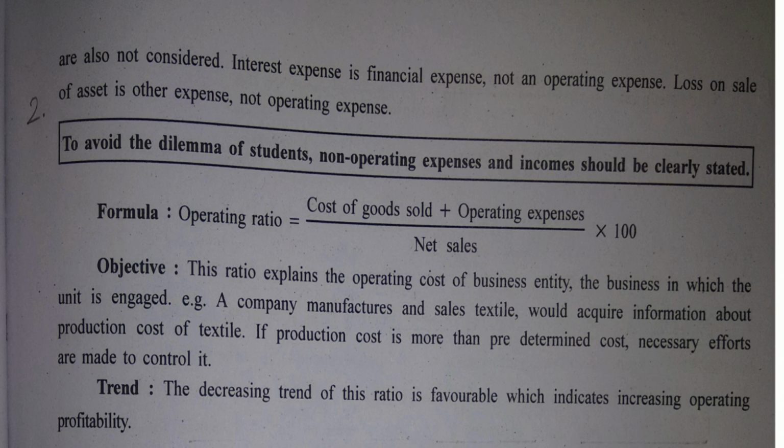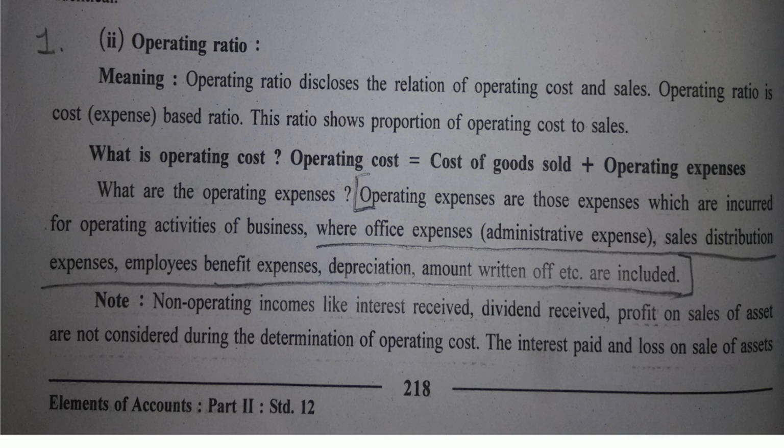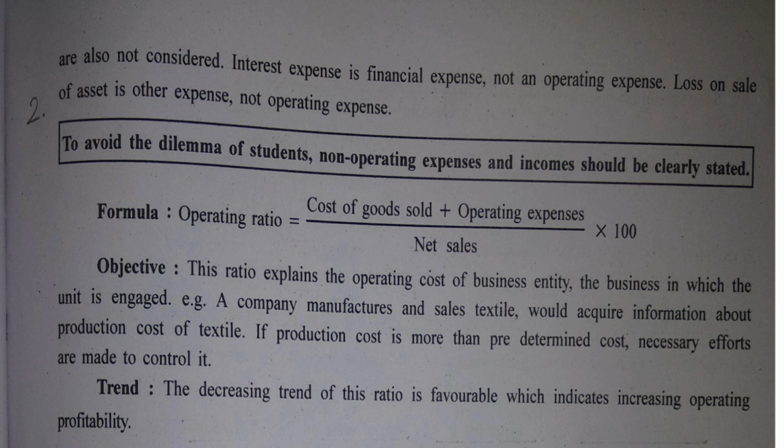The formula for operating ratio is COGS, and obviously you know how to find out COGS; we understood this at the time of gross profit ratio. Plus operating expenses, that we have understood here, the point that is highlighted. Upon net sales, we already know what net sales is: it is sales minus sales return.